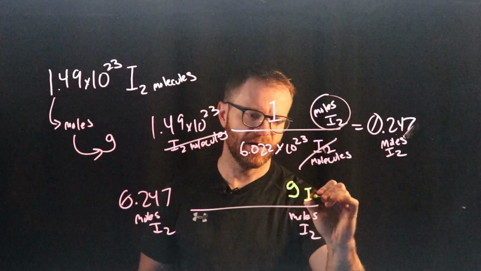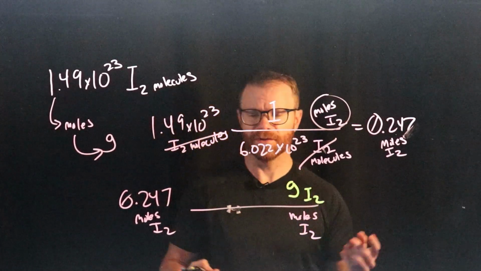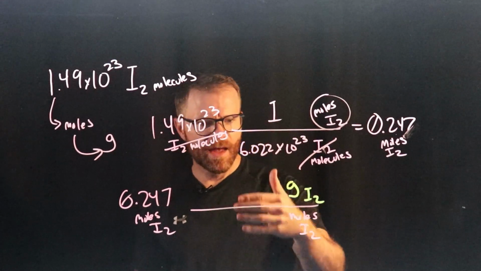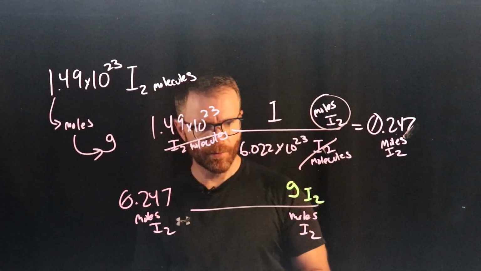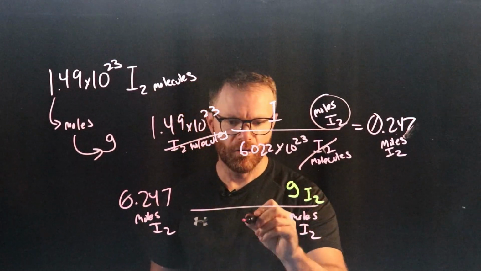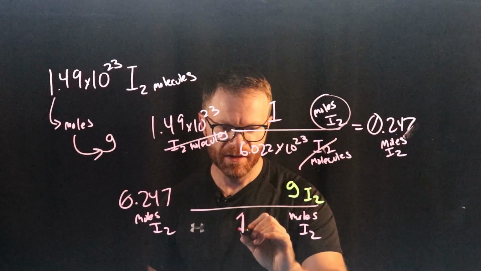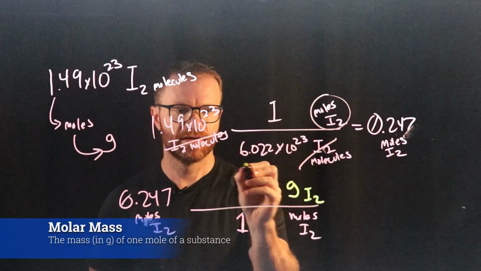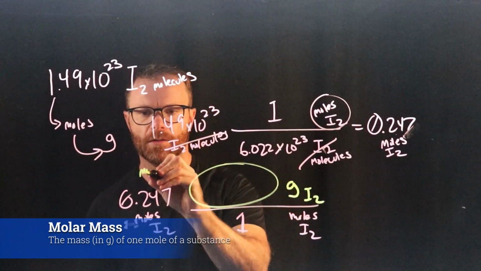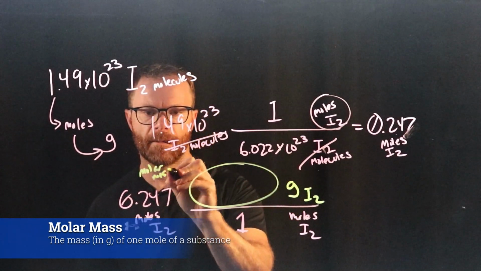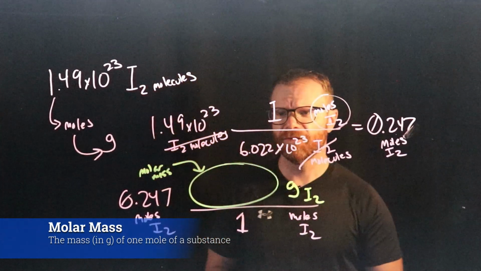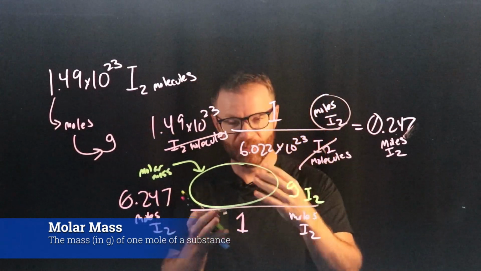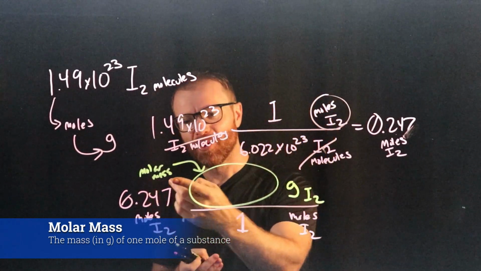I guess we could say of iodine, although that doesn't really matter. And then if we wanted to know the mass of 1 mole of something, well, that's called the molar mass. And that definition makes sense perfectly, right? The mass of 1 mole, molar mass.